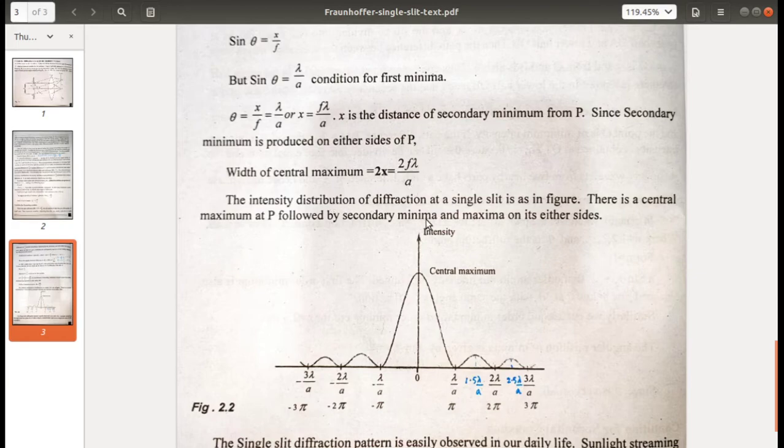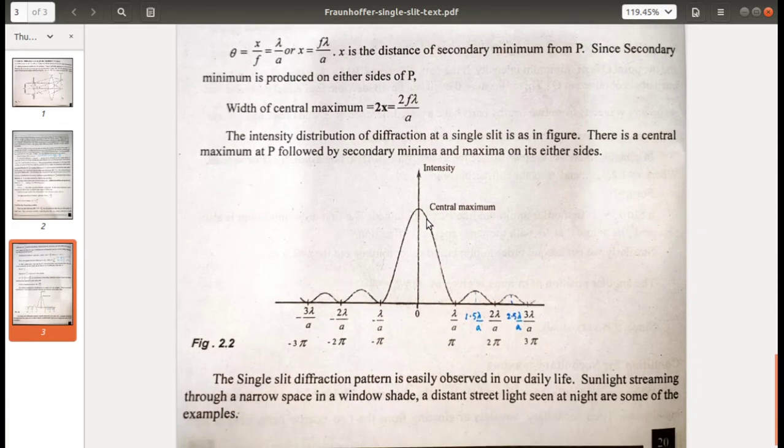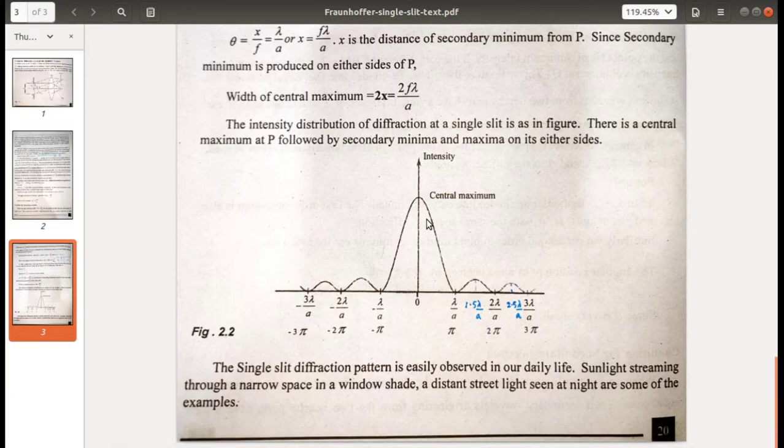So the intensity distribution of this diffraction at a single slit can be drawn here. The central bright point will be obtained at the central point, and we will get the first minimum at lambda by a, the second order minimum at 2 lambda by a, the third order at 3 lambda by a, etc., on one side, and on the other, negative side, at these points.